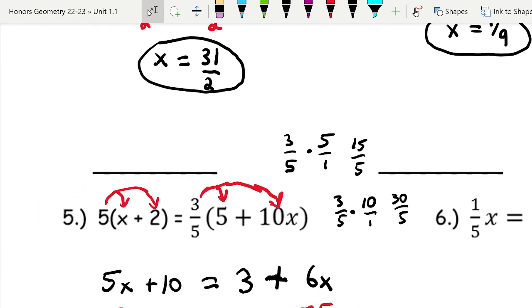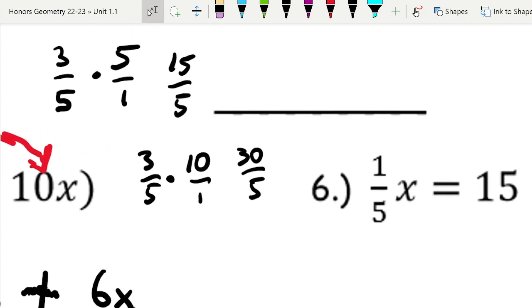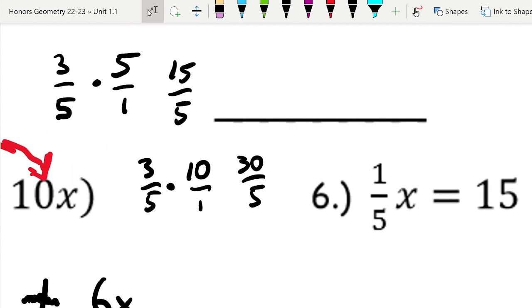Lastly, we got number 6 here. Again, we have a fraction. We have 1/5 x, or we could even write this as x over 5 equals 15.